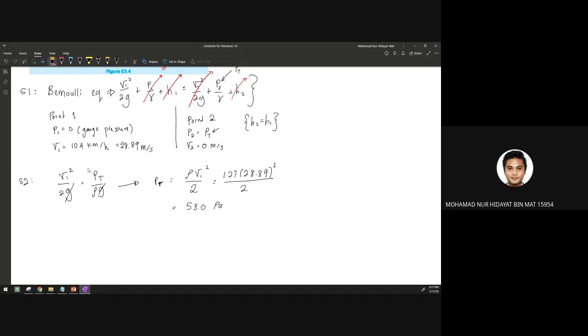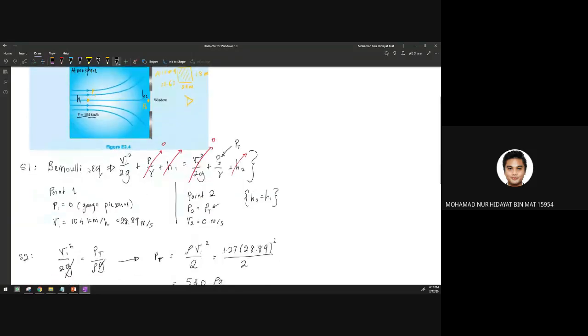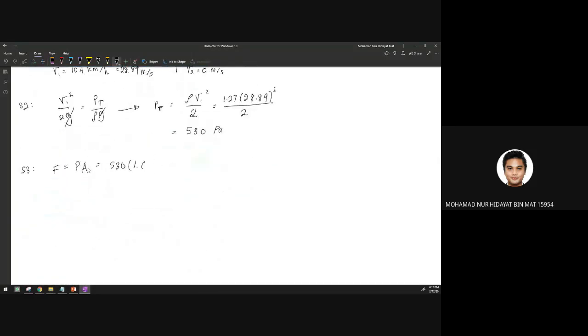So you get this one. Remember, step number 3 is you need to find the force. Force equals pressure times area. So pressure given is 530, area that we calculated earlier is 1.62. So what's the final answer?